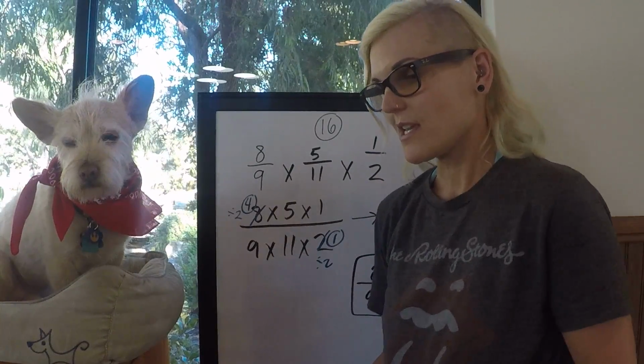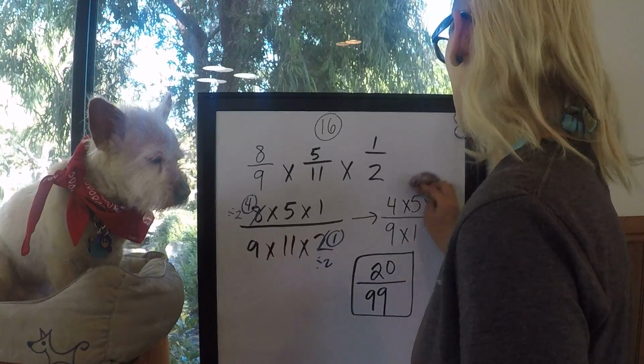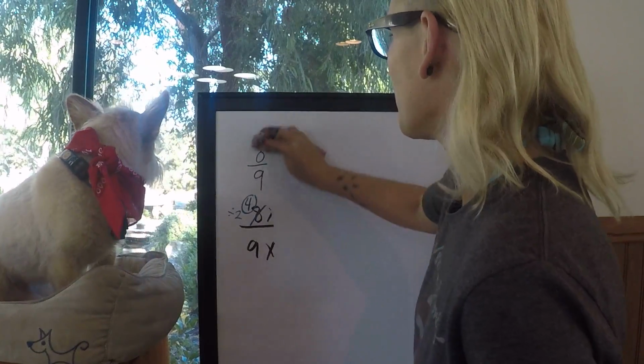On number 17, now we have negative numbers. So this is what I would write on my notes, and I would add this step to the notes that we previously did.